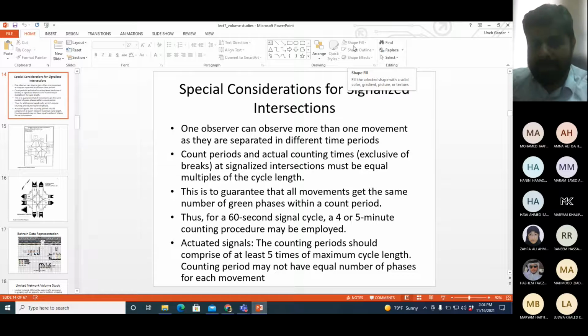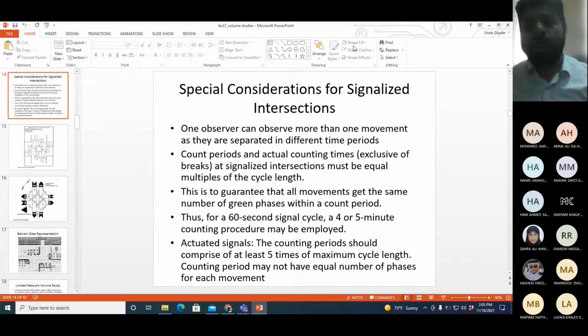And we have discussed earlier as well as yesterday that you should give breaks to the observers. Okay, break for shifting from one location to the other location, or just for the sake of resting. So breaks are important. So if your total counting period is 2 hours, the observer may not be actually counting for 2 hours, because within that period you have breaks as well.